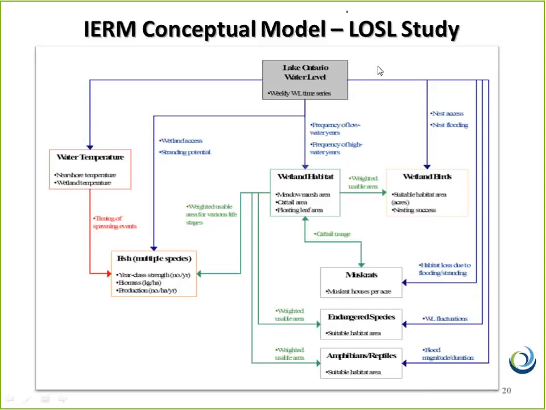So taking that example, what this model does is it takes weather, it takes years and years of past precipitation history, and first of all, applies the 1958 plan and translates that into a water level series, and then looks at each species to see how it would fare. So that sets the baseline.